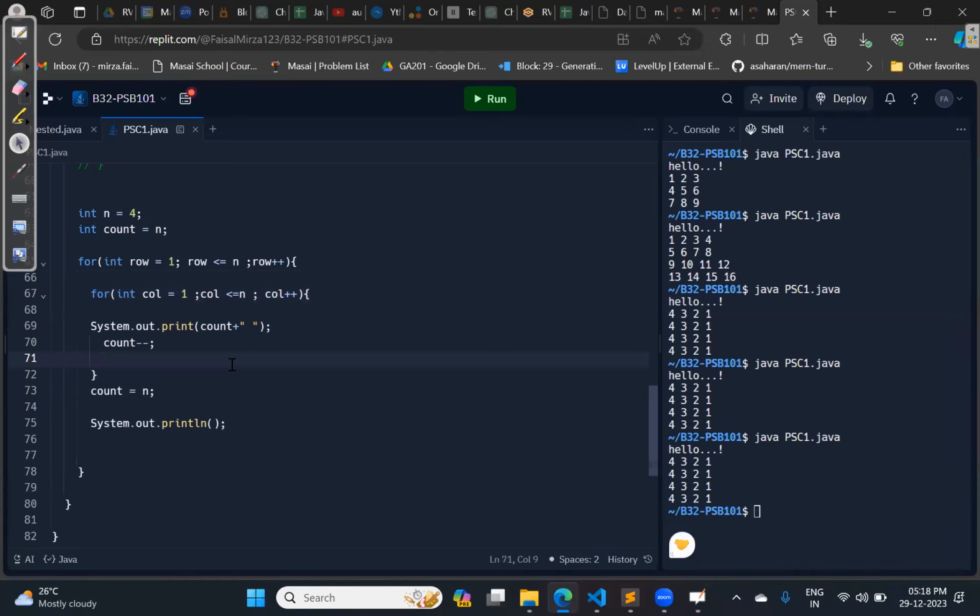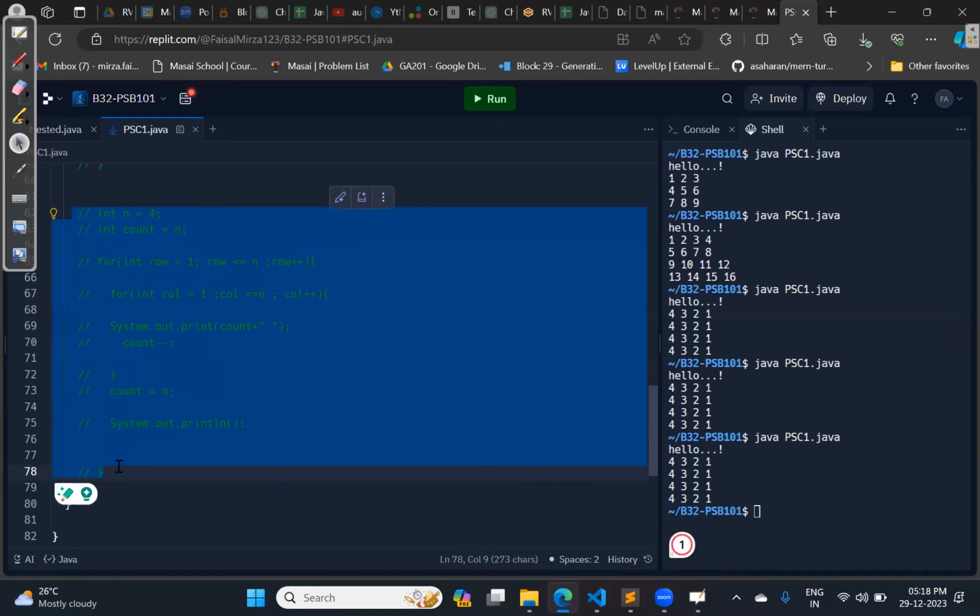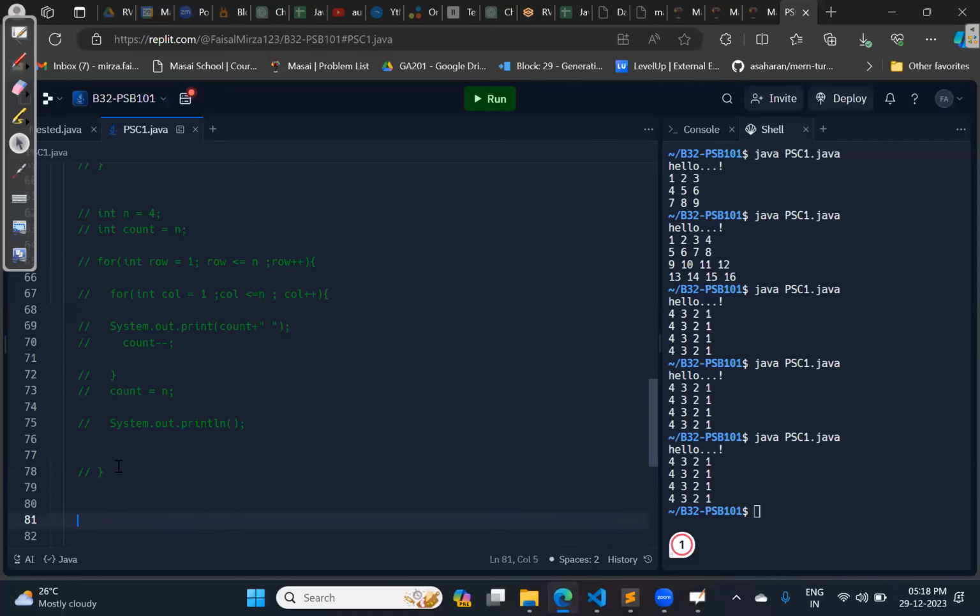So these were the multiple ways to print out a particular pattern. Your homework is to print this pattern.